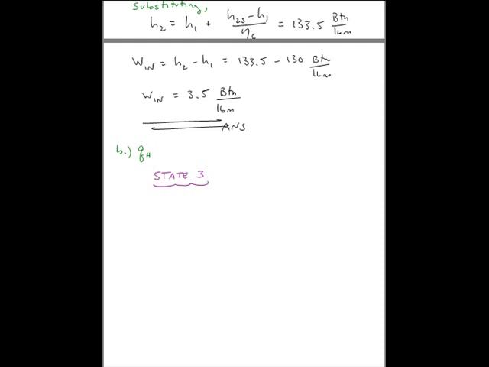Now, let's go ahead and write this out, is equal to enthalpy 2 minus enthalpy 3. We know enthalpy 2, we need enthalpy 3. We know pressure 3 is equal to pressure 2, and we know quality 3 is equal to 0.